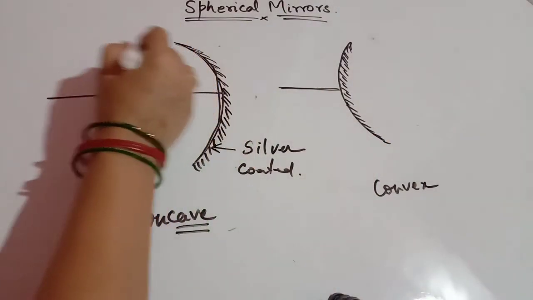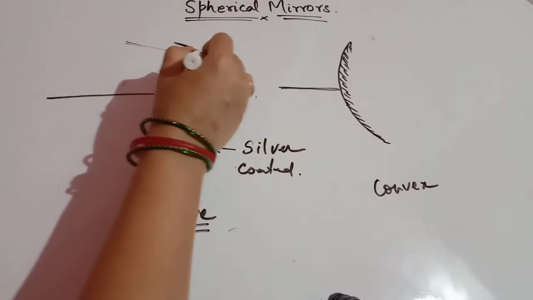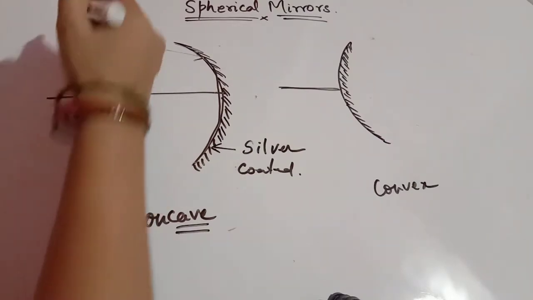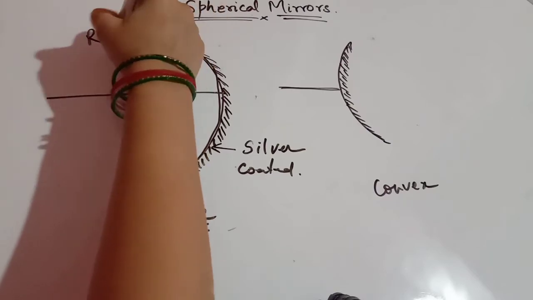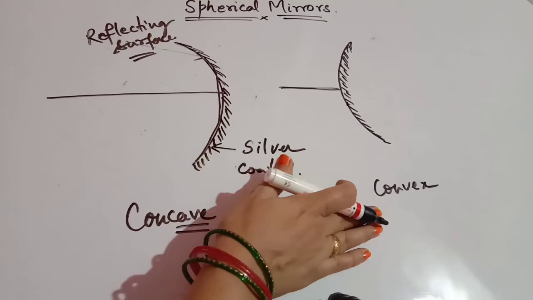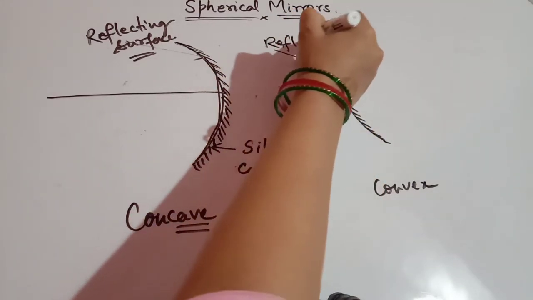In the case of a concave mirror, the reflecting surface is inside, just like in a cave. But in the case of a convex mirror, this side is your reflecting surface.